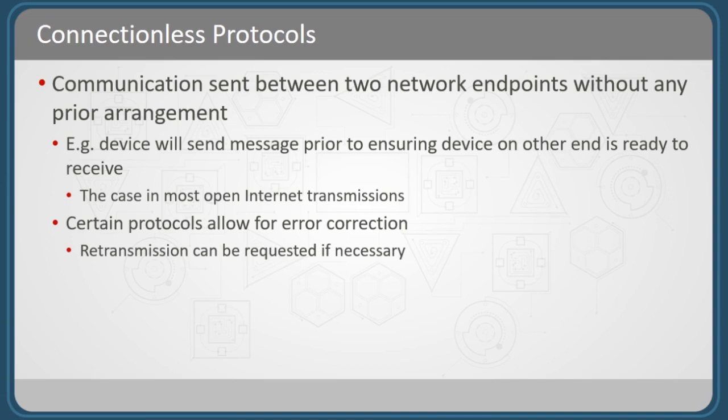Are you ready to receive? The other end will say, yes, I am ready. Then they'll negotiate some other characteristics such as the rate of transmission and how to re-request any data that might have been lost. Those rules represent the connection in this implementation. With connection-less protocols, we just don't see those rules.